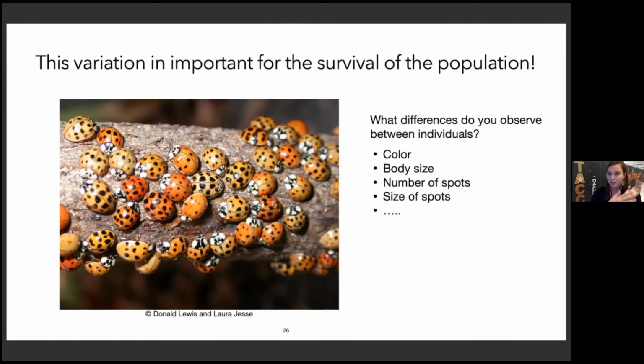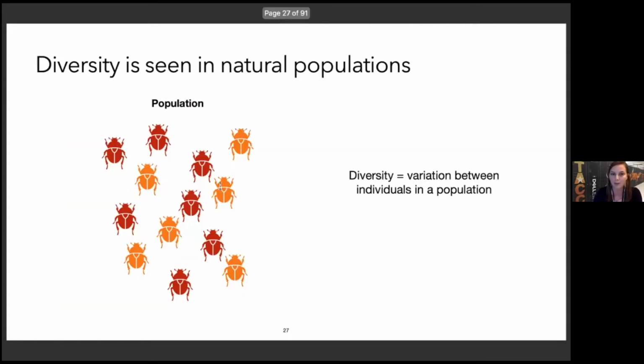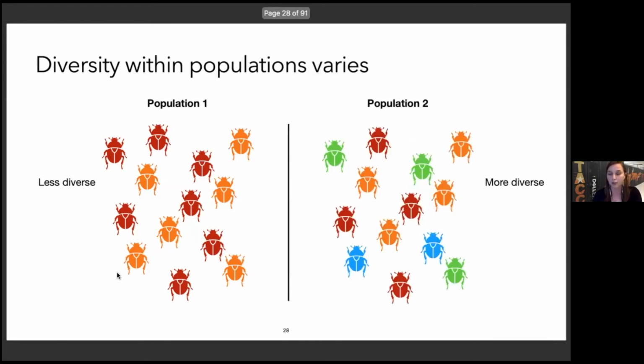And this variation that we see in populations is really important to the survival of that population, and I'm going to tell you a bit about why that is. So again, I want you to think about this population that we have with these red and orange beetles. This variation that we observe between individuals, we often refer to as diversity. And so this diversity, or the amount of variation that you have in a population, will vary from one population to another.